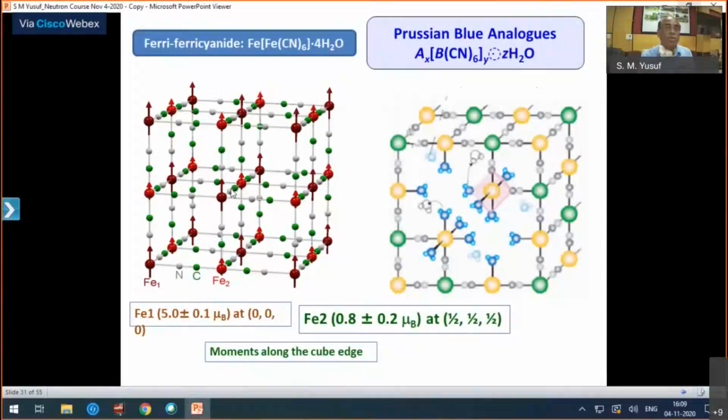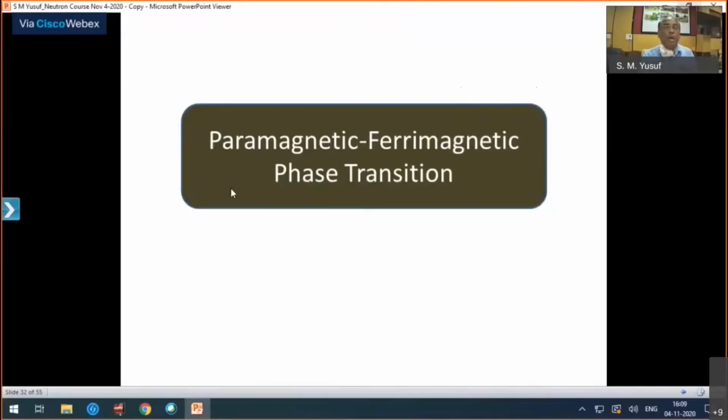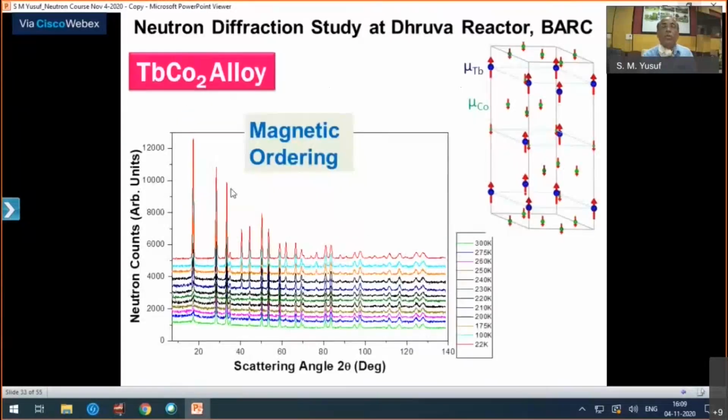Okay, so this is one case I gave you. Next day I'll be talking about a few other cases, like ferrimagnetism, where I showed you one vector is up and another vector is down, but they are unequal. So you still get a net moment because they are unequal.